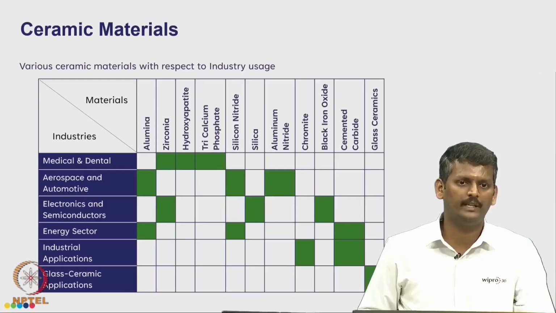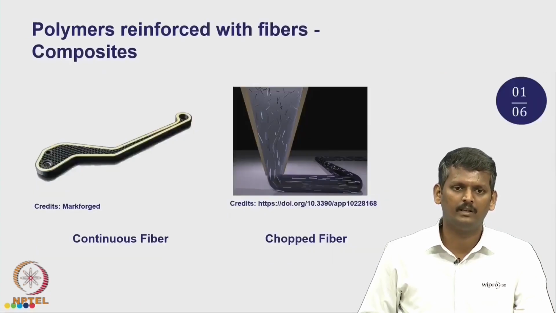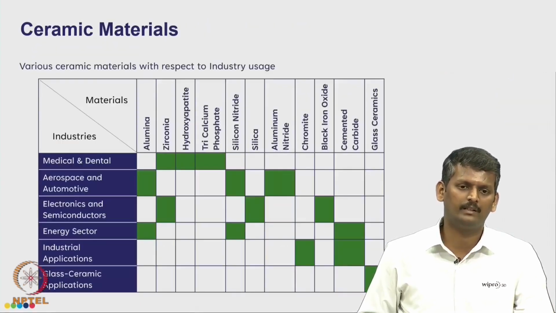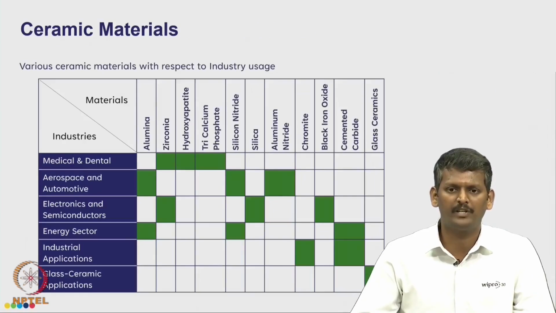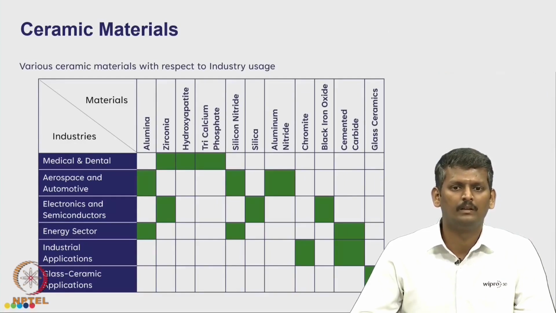After this we have seen other materials. Under that we had ceramic materials. In this category we have seen different materials like alumina, zirconia, hydroxyapatite with respect to different industrial applications, and also we have seen their manufacturability with respect to different machine brands and technologies, and their material forms also.